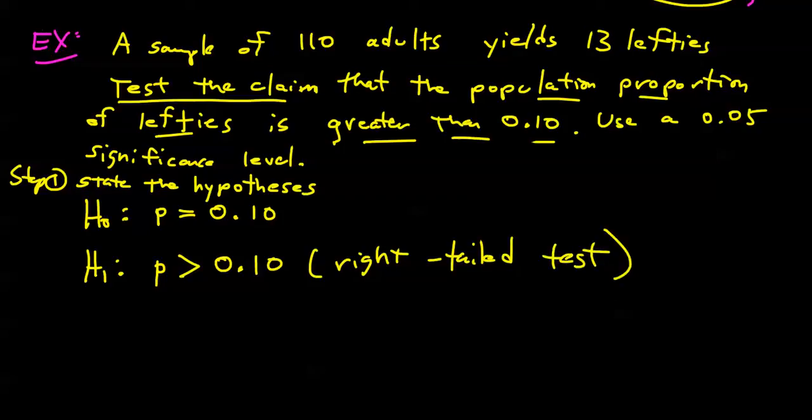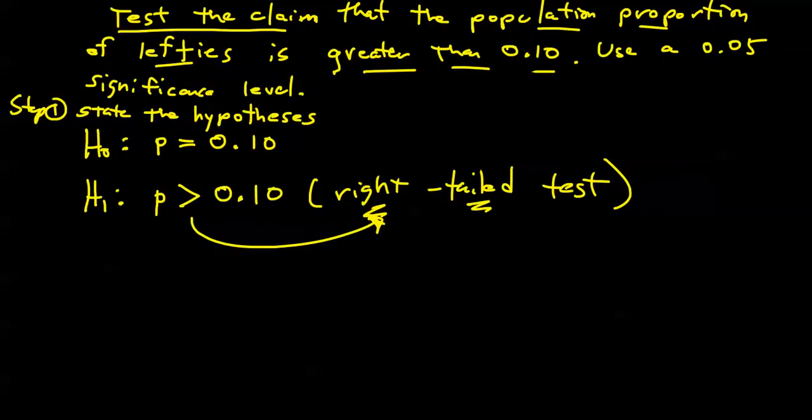We're not going to reject H0 unless we're very sure that little p is greater than 0.1, and greater than infers a right-tailed test. Again, the sign in H1 always determines the type of test. Step 2.